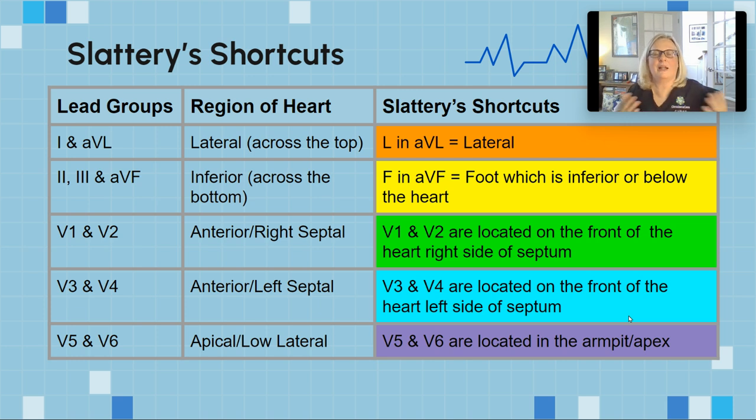Okay, so V1 through 6 are placed exactly where they're picking up the electrical conduction from your heart. It's the first 6, all the limb lead ones, that are the only ones that talk to each other. So they talk to each other and then coincide with these leads. So if you need to pause this and continue writing, you can. If you are not quite sure what I said, you can rewind it and go back and take a look again.